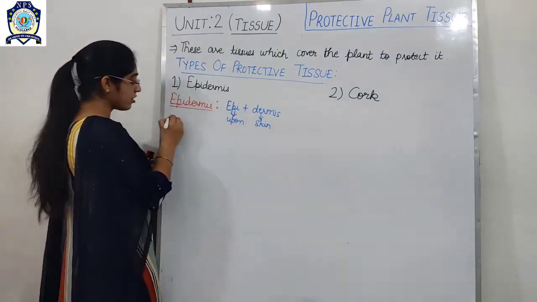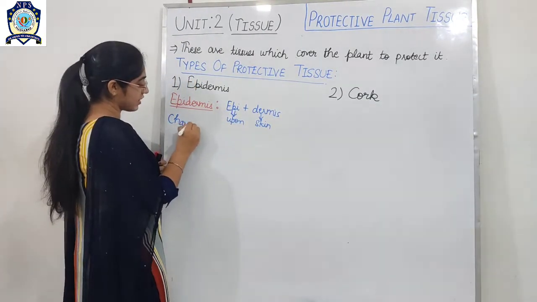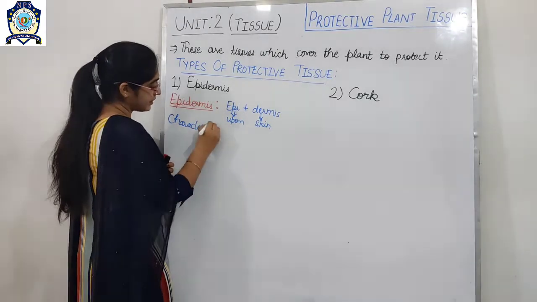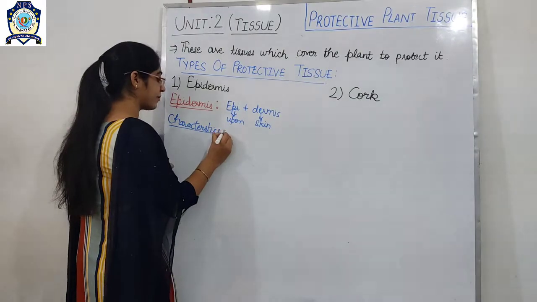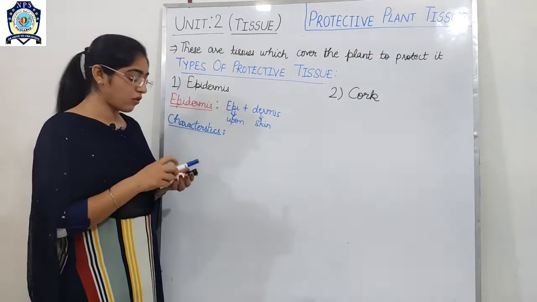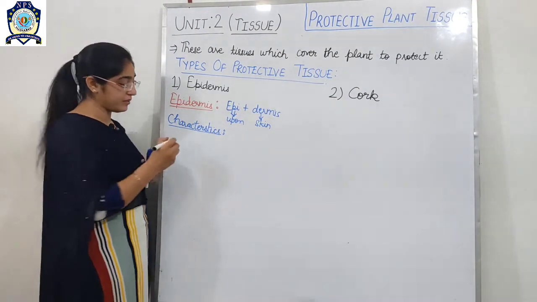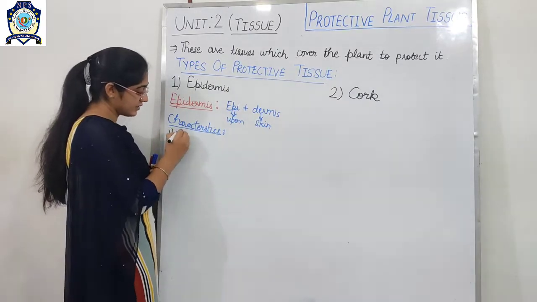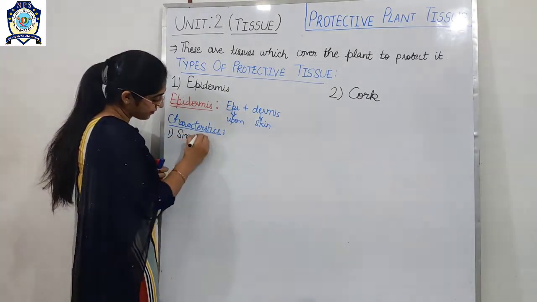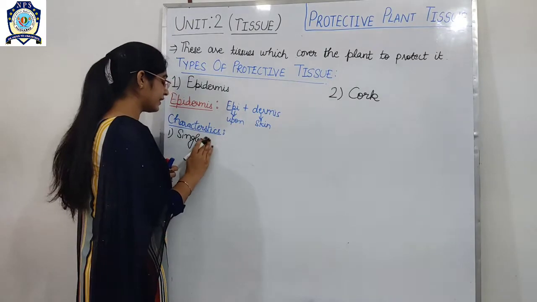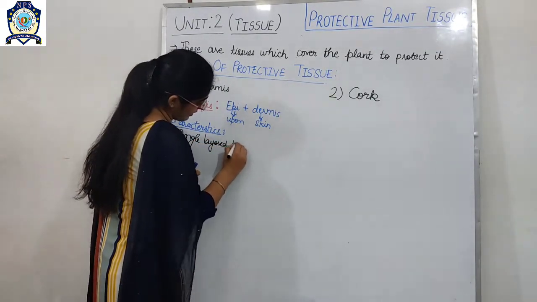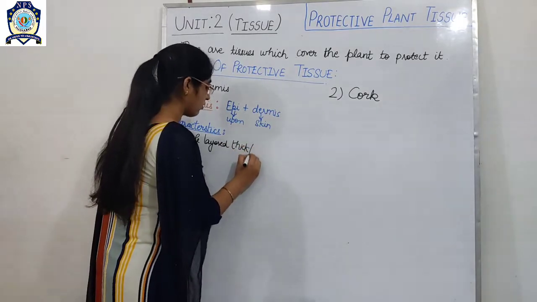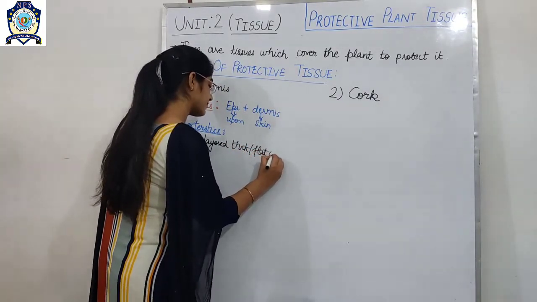And if we talk about the characteristics of the epidermis, what are the characteristics? First of all, the cells of the epidermis are single layered cells, single layered thick or flat cells.